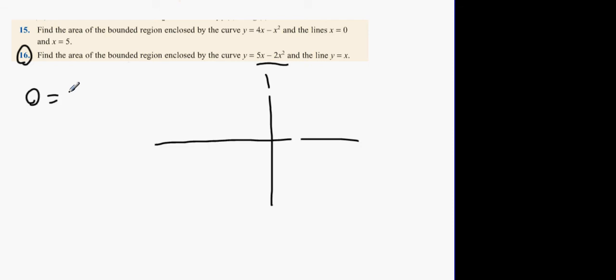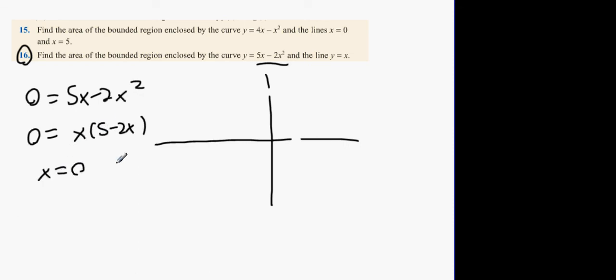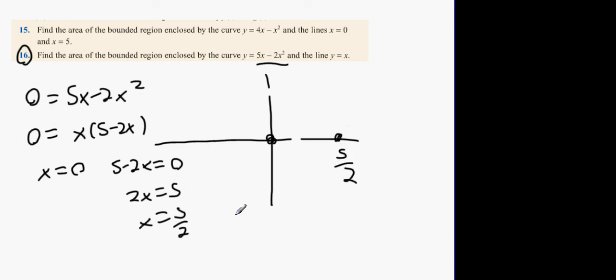If y = 0, then 0 = 5x - 2x². We can get 0 = x(5 - 2x), so x = 0, or 5 - 2x = 0, 2x = 5, x = 5/2. It's going to be 0 and 5 over 2. It's an N-shaped curve like so, and that's it done.